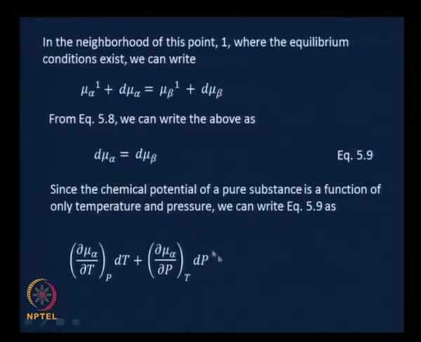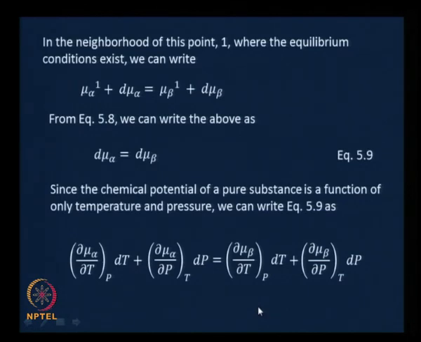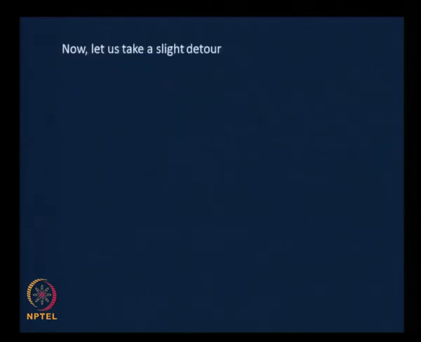This is d mu alpha. This equals dou T of mu beta at constant pressure dT plus dou P of mu beta at constant temperature dP. Let us call this equation 5.10.